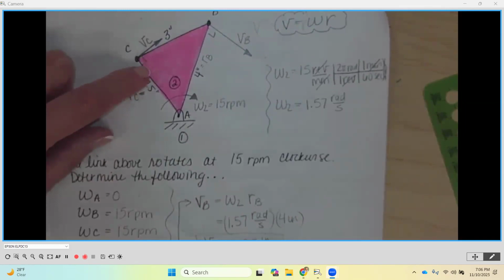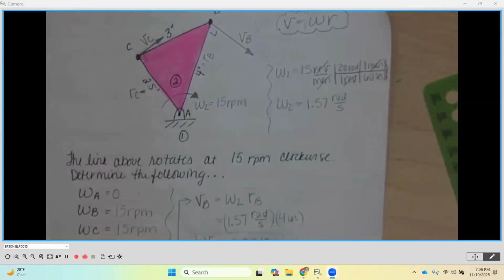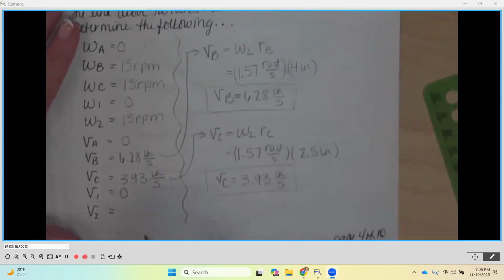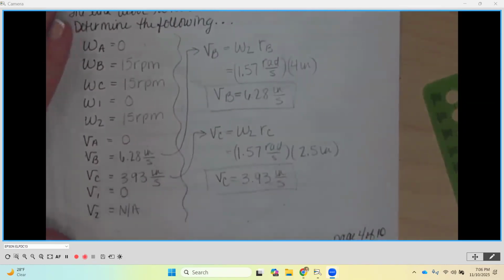We wouldn't say 0 because the link itself does not have straight line velocity. So we would say instead, not applicable, right? Just not applicable. It doesn't possess that. It only rotates. Okay. If you put 0, it's fine. But it's really not applicable because there's not even an option for it to be anything, right? Okay.